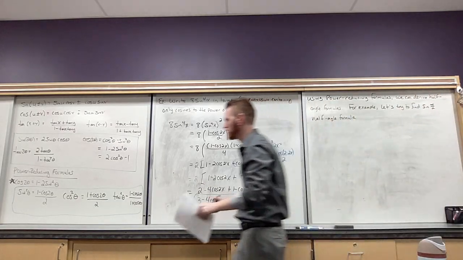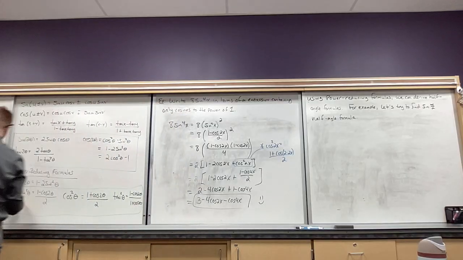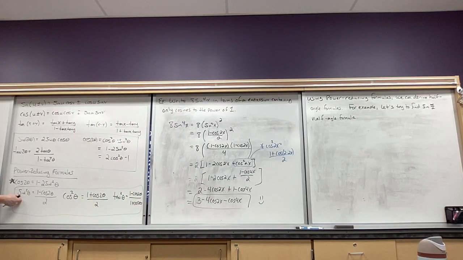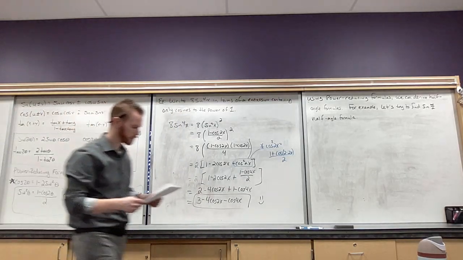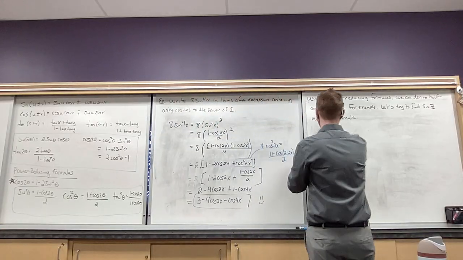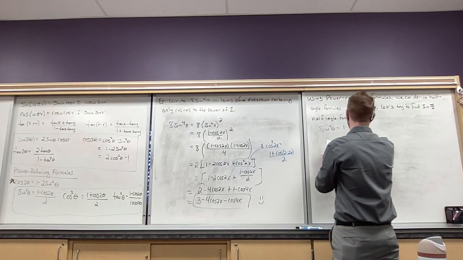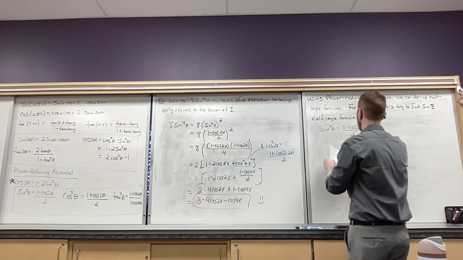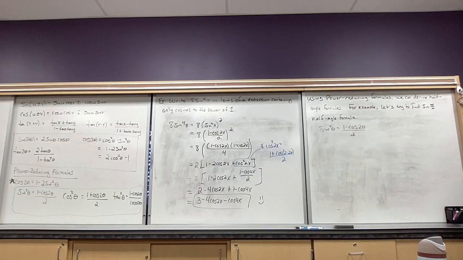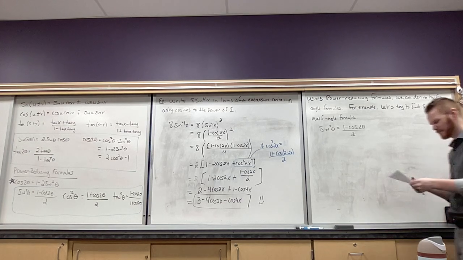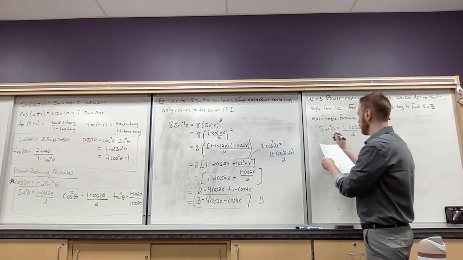So we're going to use this guy to figure it out. Okay? So let me go ahead and rewrite it. So we're going to use this formula. Okay, so there it is. And what I'm going to do is swap it out for theta divided by 2. Okay? So let's see what that's going to look like here.